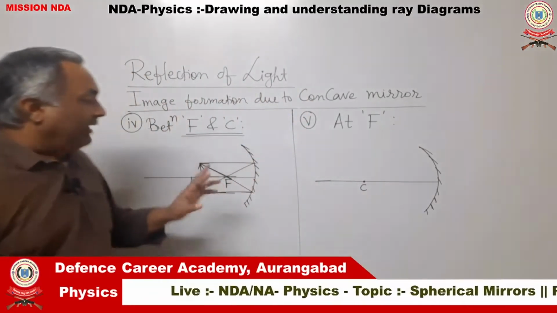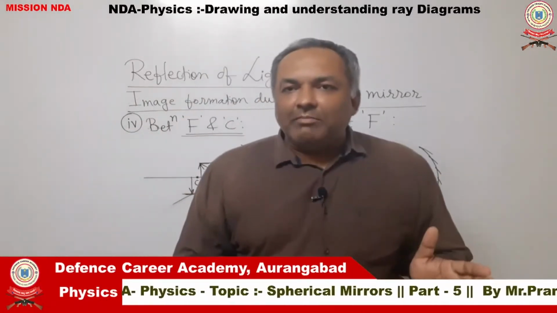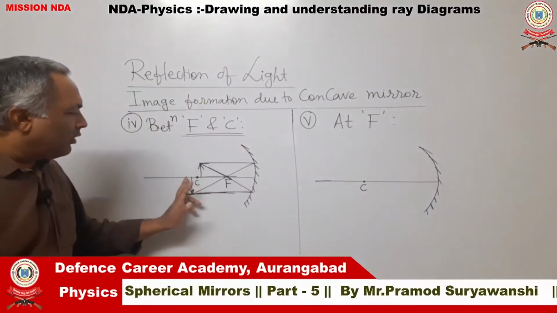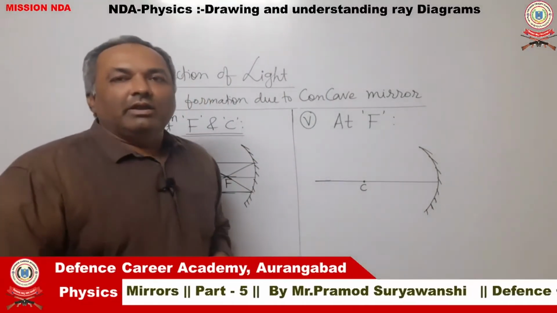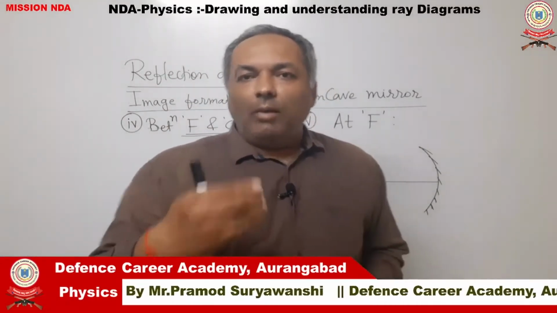At C, when the object is placed at the center of curvature, the size of the image will be the same as the size of the object. When you cross the center of curvature, the image is going to be magnified, larger than the object.